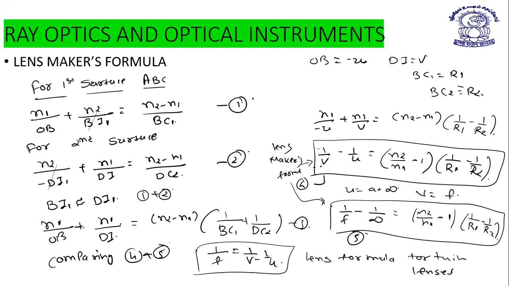From lens maker's formula, we can see that focal length of the lens is not just dependent on the radius of curvatures of the surface, but it also depends on the refractive index of medium as well as refractive index of material of lens.